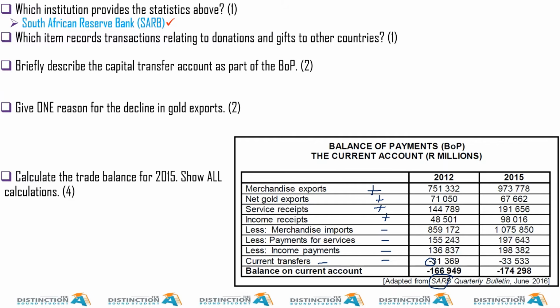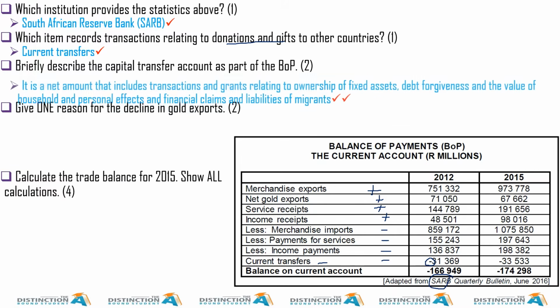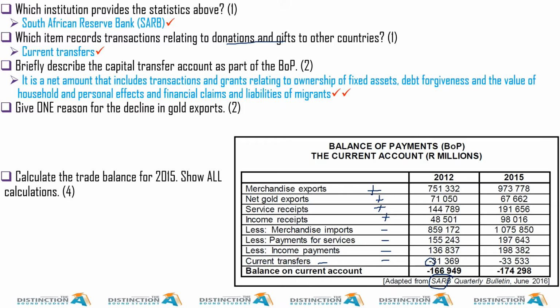Which item records transactions relating to gifts and donations? Oh my goodness, I just finished talking about it. That will be current transfers. Briefly describe the capital transfer account. It's not here, but also it's a net figure, always, right?